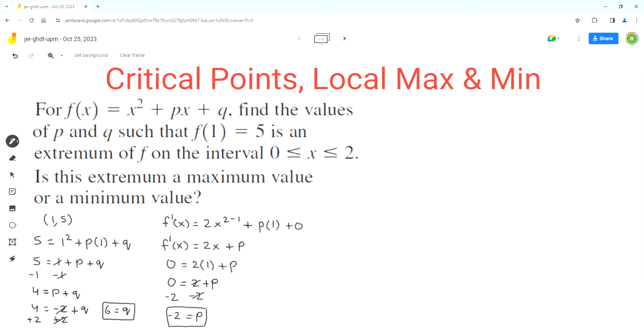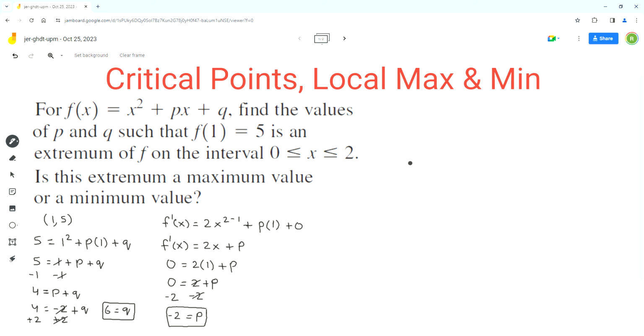Now we have to find whether the extremum is a maximum value or a minimum value. So for that, we'll have to find whether the function is increasing or decreasing on the left and the right hand side of this extremum point. And for that, we'll use the first derivative test. So we can use the number line method.